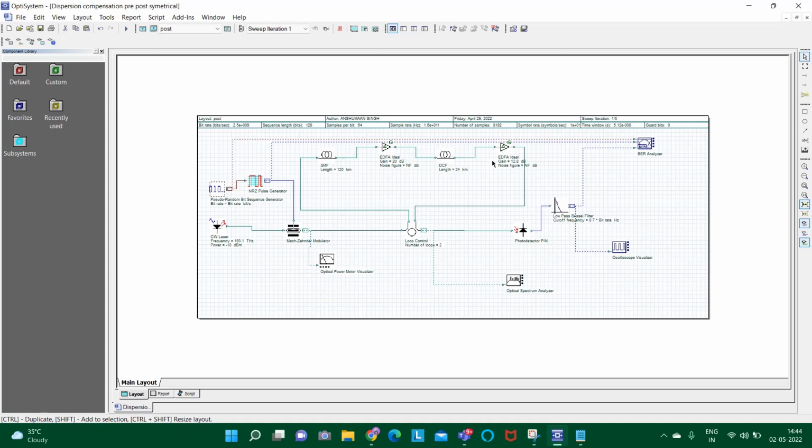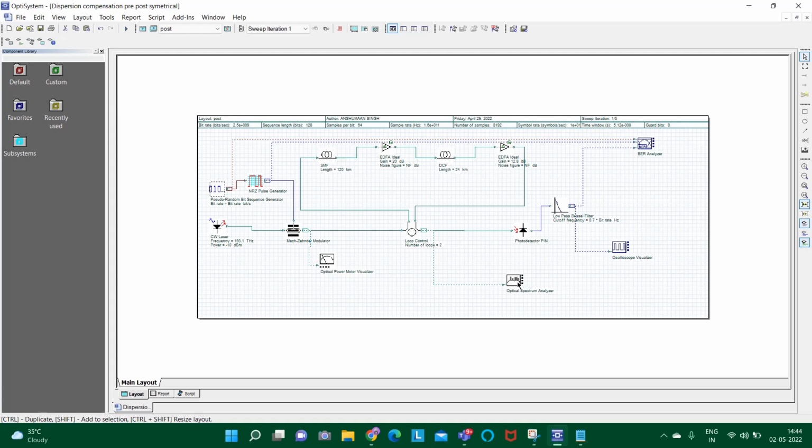After that it is connected to the loop control, where we can set the number of times we want to execute this circuit. This is passed to the photodetector, which will detect our pulses, then passes through our low pass filter, and the low pass filter output is given to the BER analyzer.